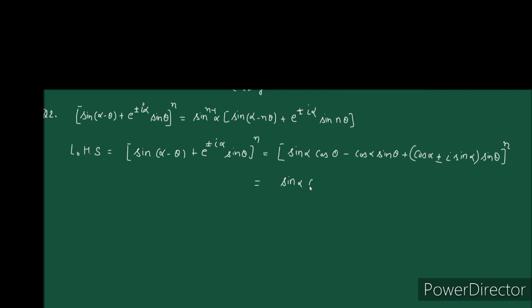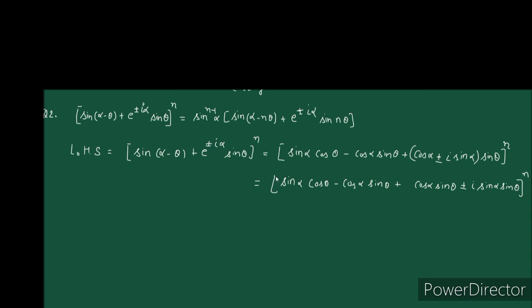Sine alpha cos theta minus cos alpha sine theta. Okay, if you open this round bracket, you will have cos alpha sine theta plus minus iota sine alpha sine theta, whole raised to power n.